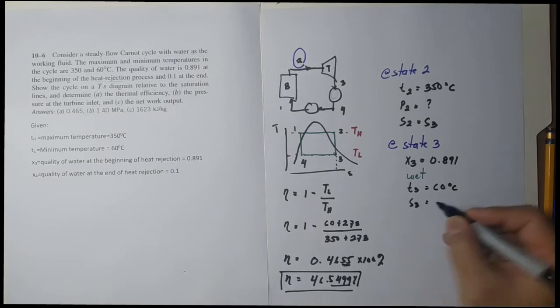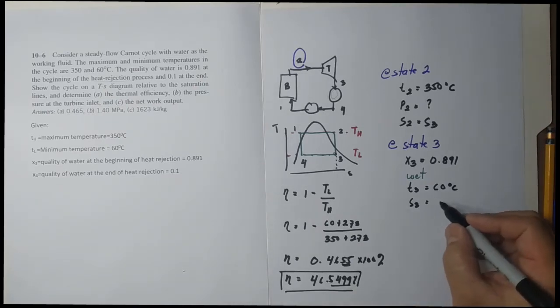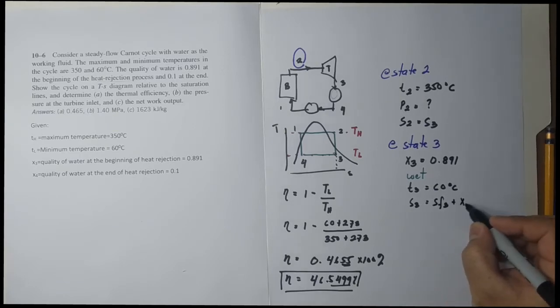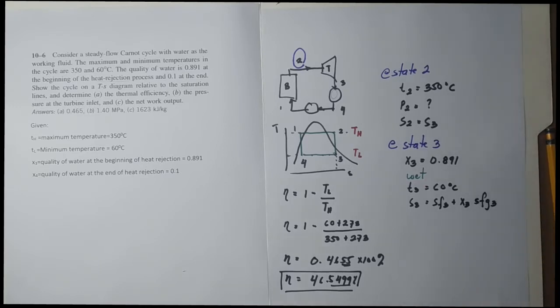S3. Okay? Paano natin malalaman yung S3? So, sa inyong Thermo 2, or Thermo 1 pala, na-discuss na to, malalaman mo sa equation na S3 = SF3 + X3 SFG3. Okay?